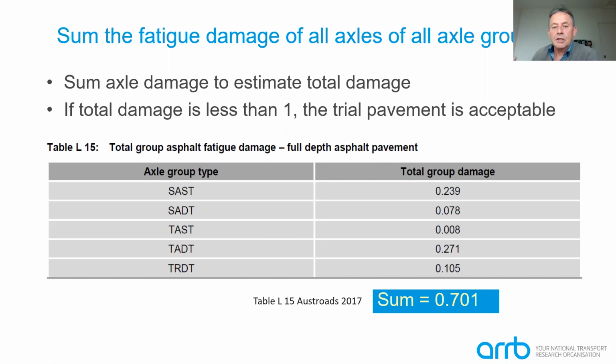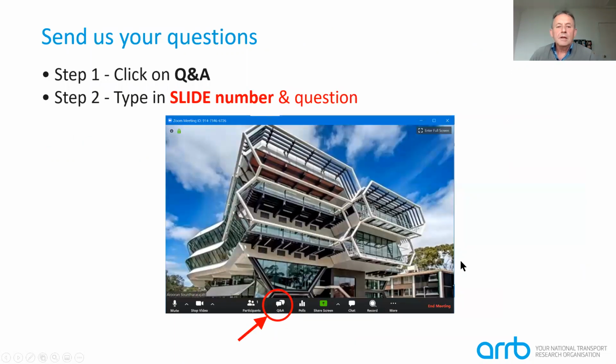So you can see that it's an iterative process where you select a trial, assess the damage, and decide whether or not you need to look at another trial configuration. So please remember, send in your questions if you have some.